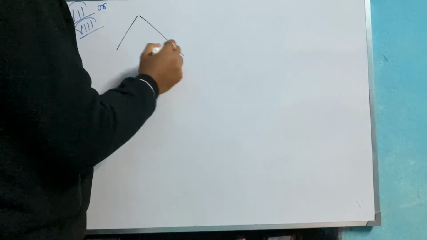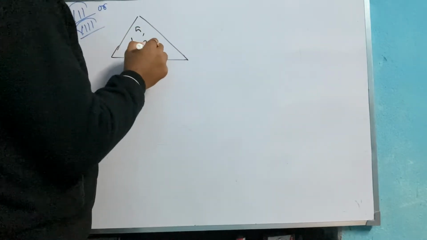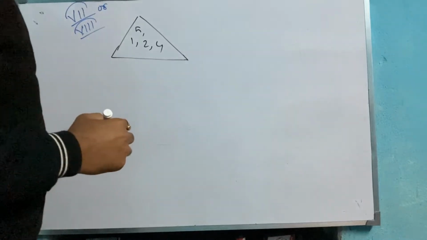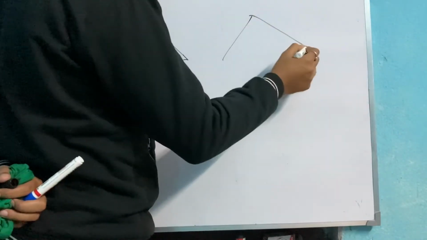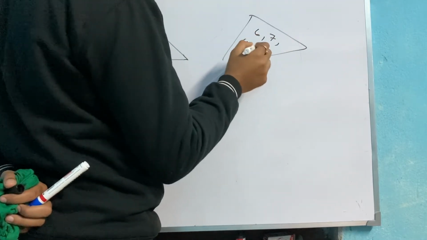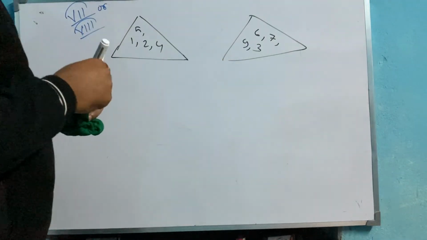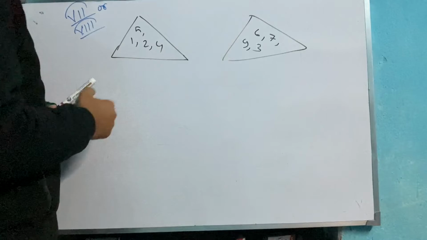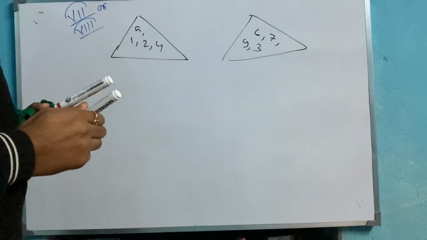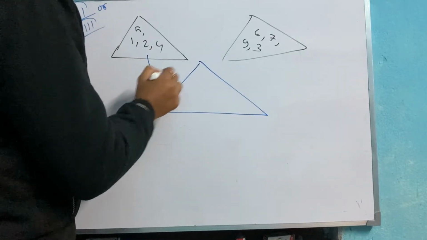I'm giving another example. I am taking a set of some numbers on a triangle: 5, 1, 2, 4. On another triangle I am taking 6, 7, 9, 3. Now I am mixing these on a big triangle like this.